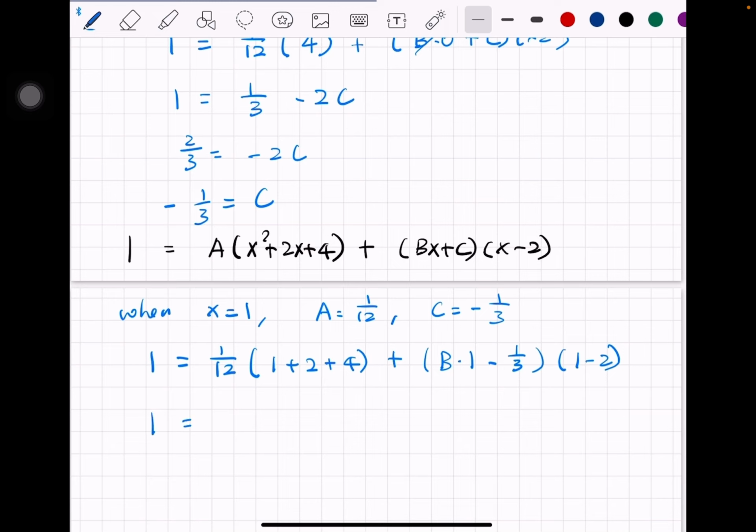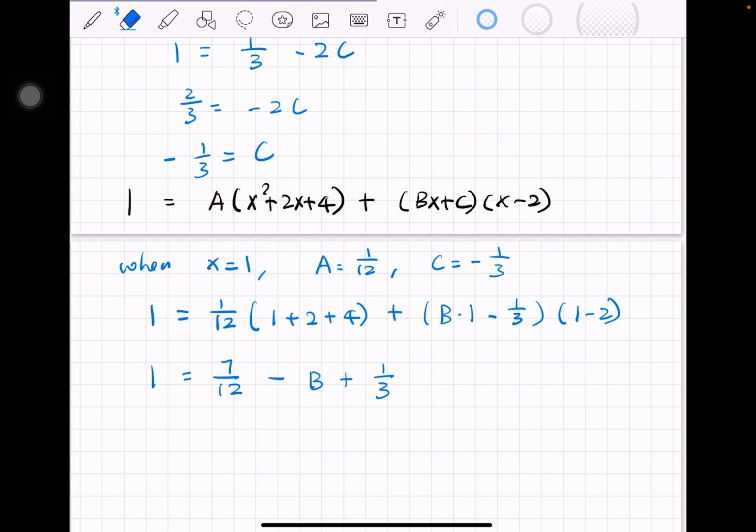1 equals 7 over 12 plus or minus b, because 1 minus 2 is negative 1. Negative times negative becomes plus 1/3. 1/3, I can rewrite as 4 over 12 because they have the denominator 7 over 12.